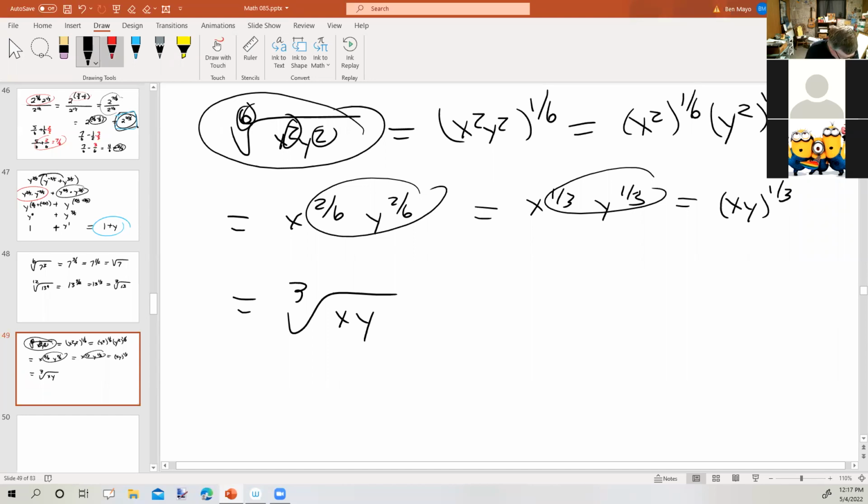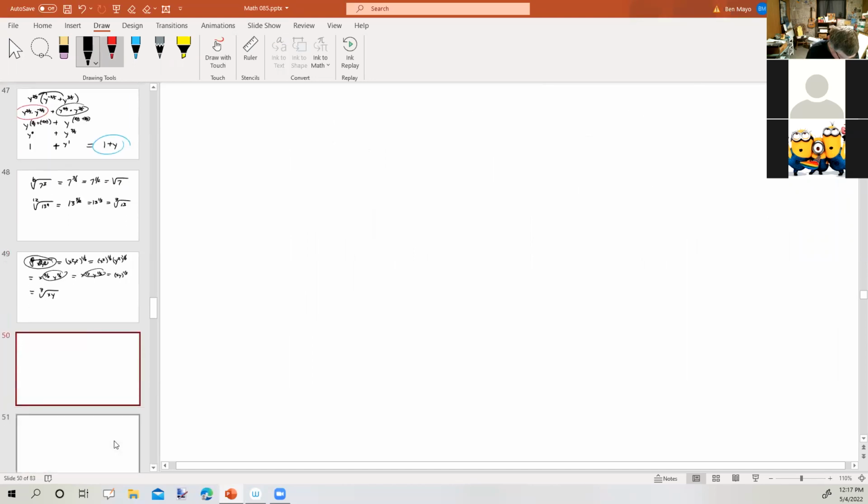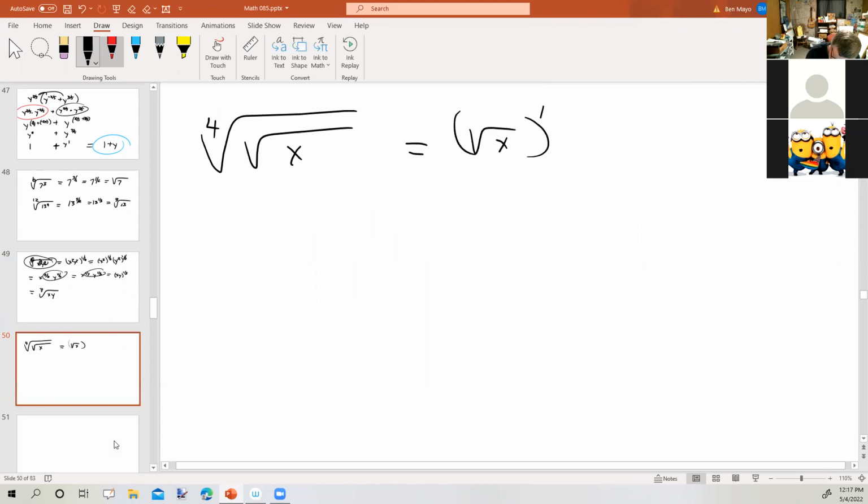All right, here comes a fun one. You say fun for whom? The fourth root of the square root of x. So that would be the square root of x to the 1/4 power, because this whole thing becomes that.